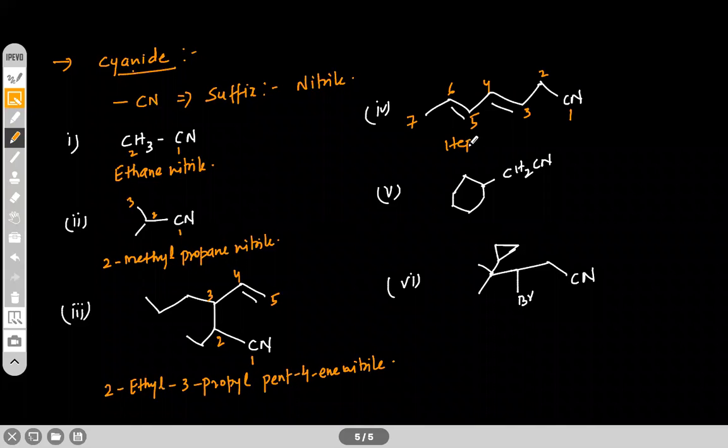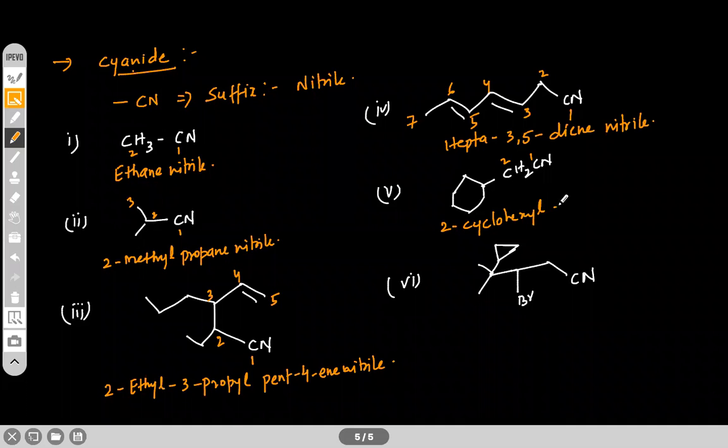Hepta-3,5-diene nitrile. Then 1, 2, so 2-cyclohexylethane nitrile.